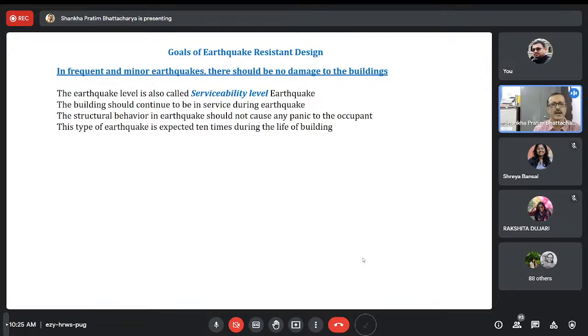In the frequent minor case, the earthquake is called the serviceability level earthquake. We should design the building in such a way that the service of the building continues. Suppose after 5 years there is a 5 Richter scale earthquake, and it lasts 120 or 90 seconds.